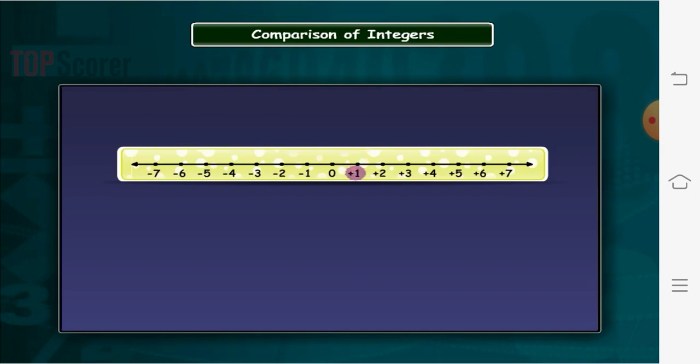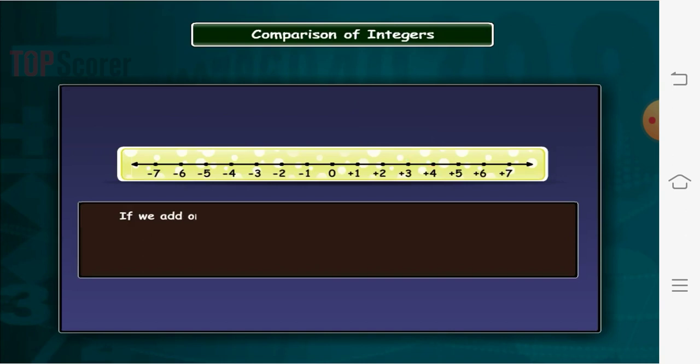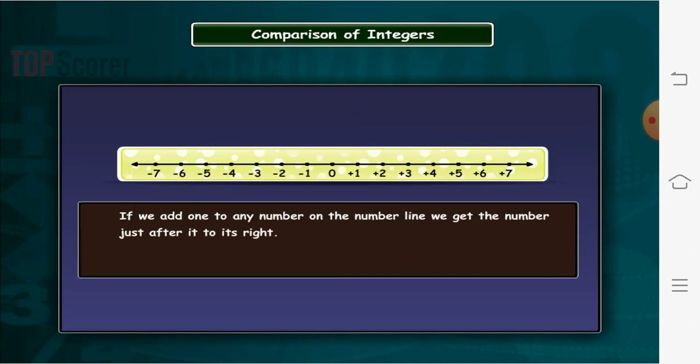Similarly, if we add 1 to the next number 2, we get the answer as 3. Further, if we keep on adding one number to the other number, it keeps on increasing. So in short, we can say that if we add 1 to any number on the right side, we get the number which is bigger than it.